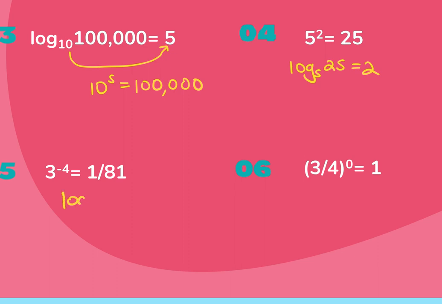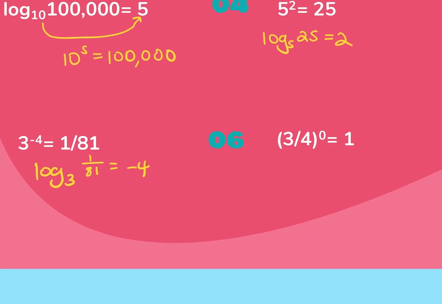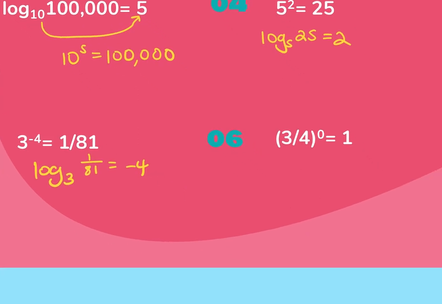So log base 3 of 1 over 81 equals -4. And 3/4 to the 0 equals 1. Log base 3/4 of 1 equals 0.